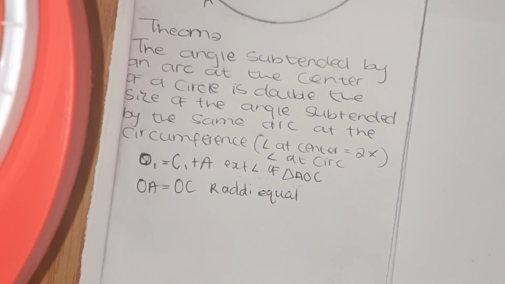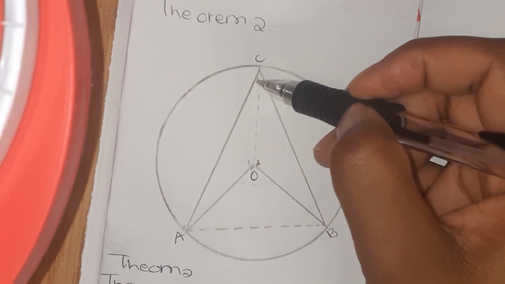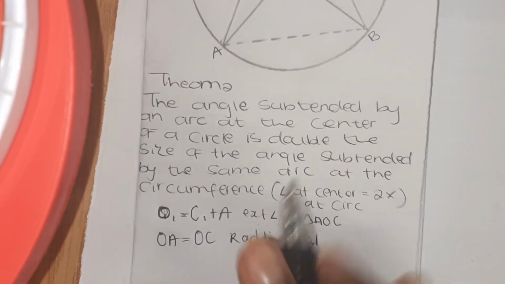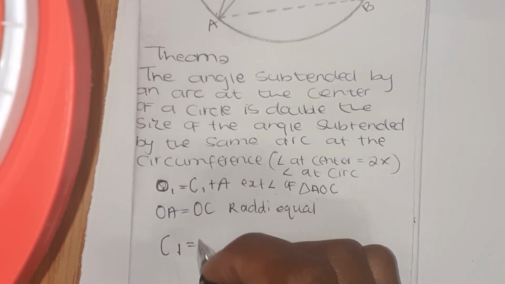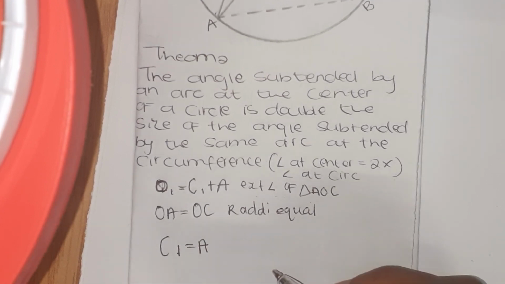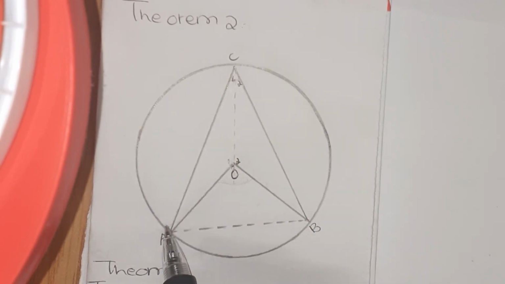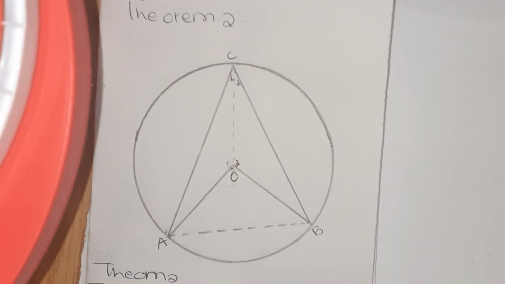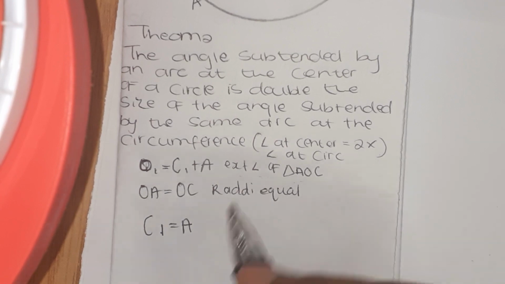Now, another thing we can see is that C1 equals A. C1 equals A. And those are opposite angles of a triangle. I told you this. If you have watched my previous video, then you know what this triangle is.